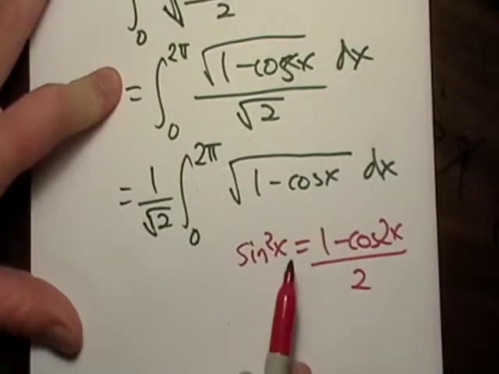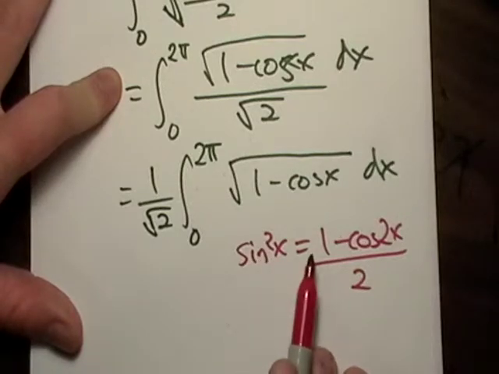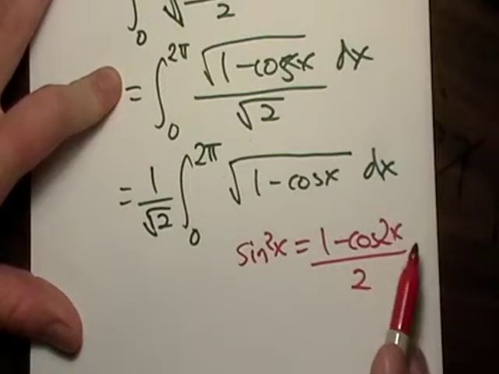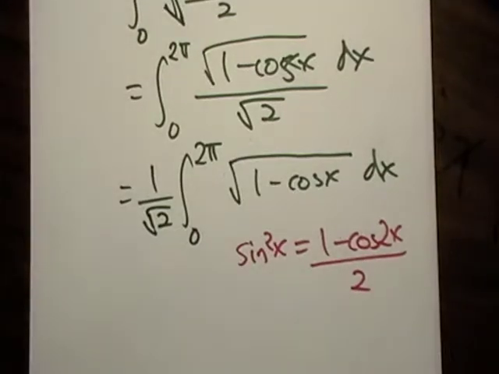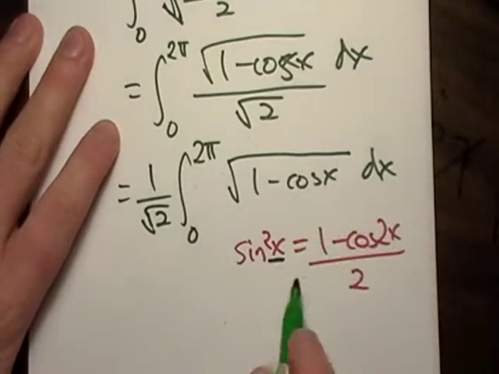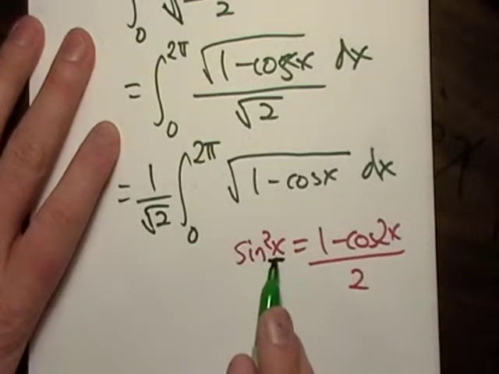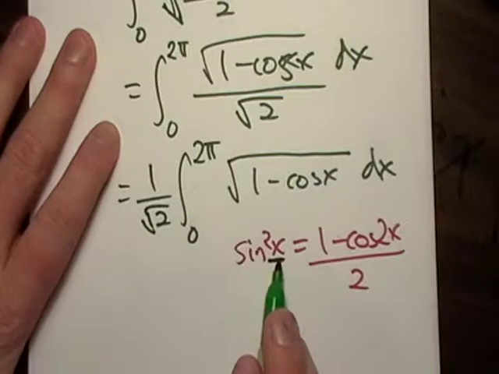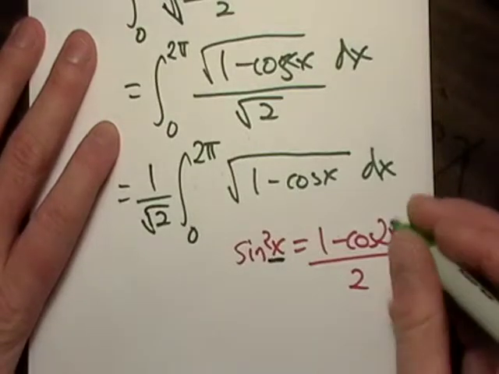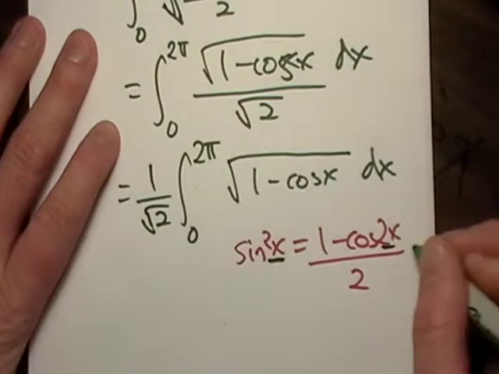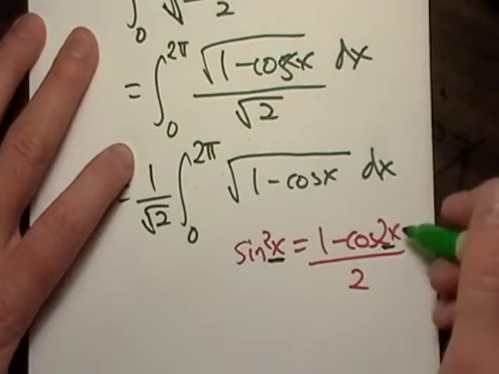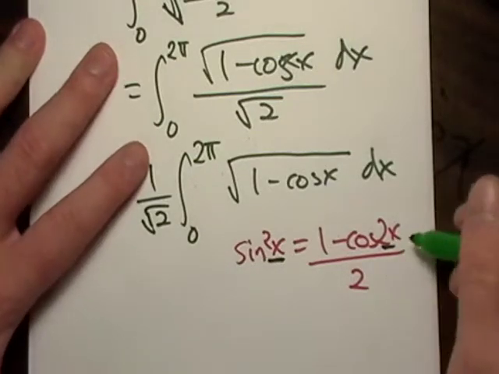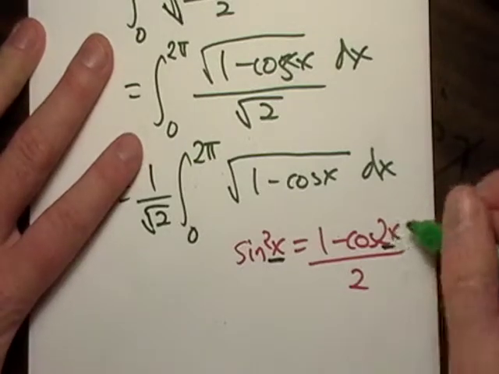This is an identity. Sine squared x equals 1 minus cosine 2x over 2. The interesting part about this identity is to realize that the coefficient of sine squared x, in this case, is 1. Well, in your corresponding identity, the coefficient of the angle, the x, y, z, whatever, is always going to be twice that.